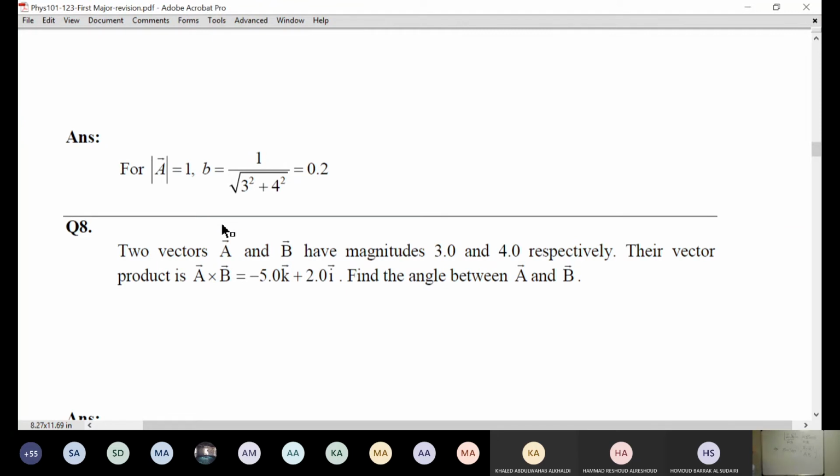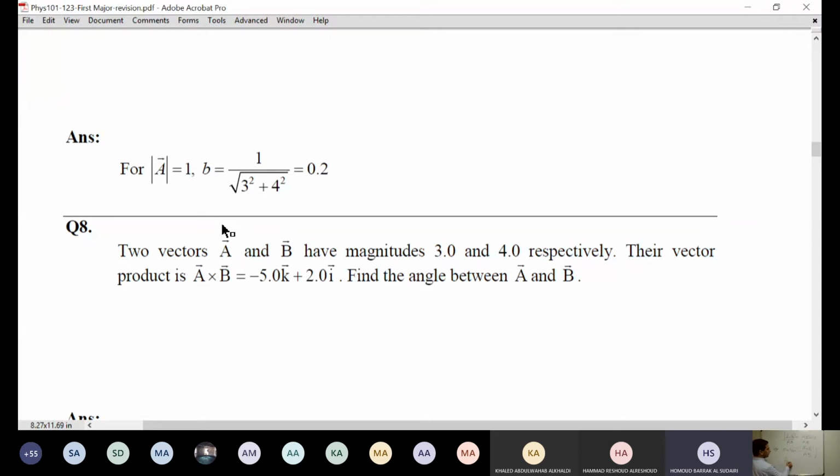Looking at the problem, we know the magnitude of A, and we also know the magnitude of B. Can we determine the magnitude of A cross B? Yes. How to determine that? Pythagoras: square root of 5 squared plus 2 squared. Exactly.